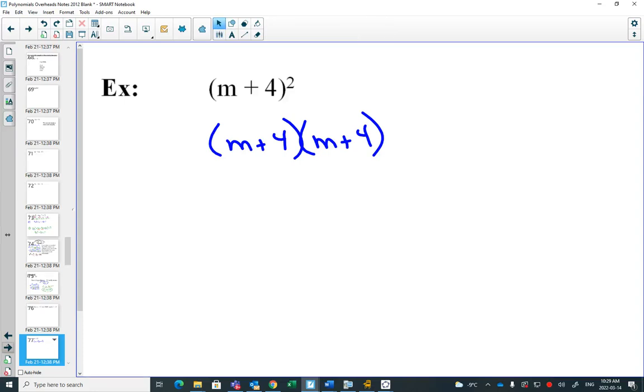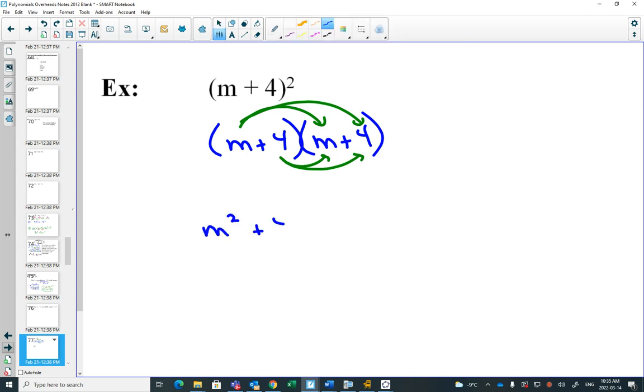And I'll come around and check as we're going. The first one already, if you did the arrows or the chart, you should have got an m squared plus a 4m plus a 4m plus a 16.